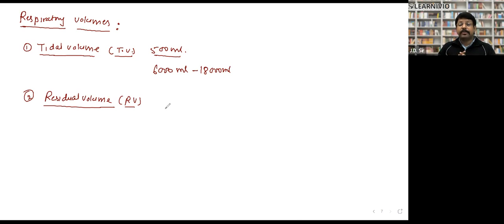It will always remain, else the lungs will stick and collapse. So that amount of air which remains inside the lungs all the time, it cannot be taken out naturally. That part of the air is called residual volume, RV. Please note it down.